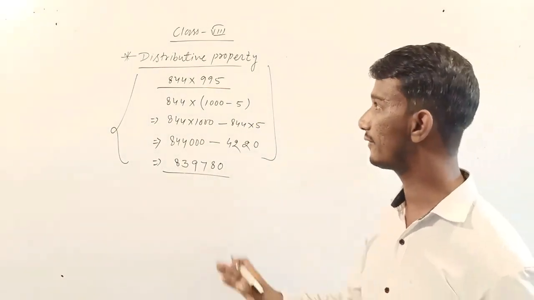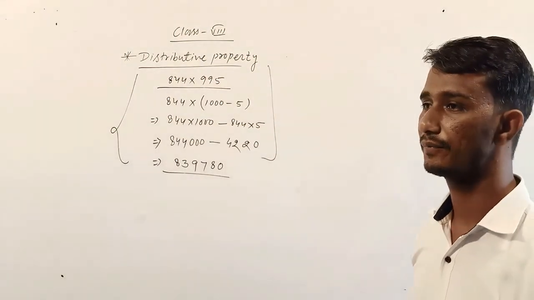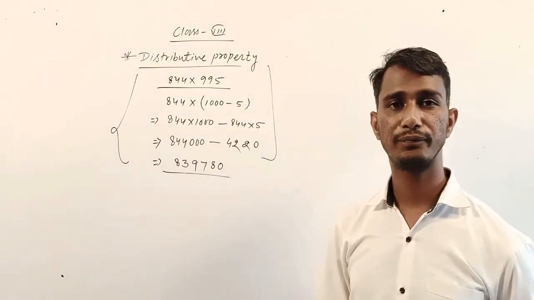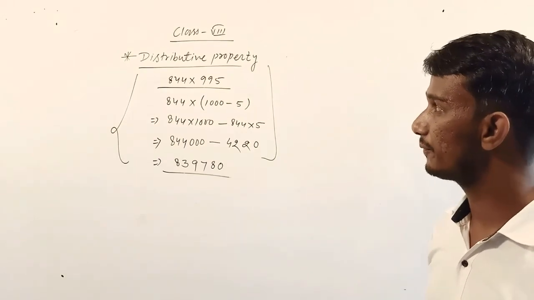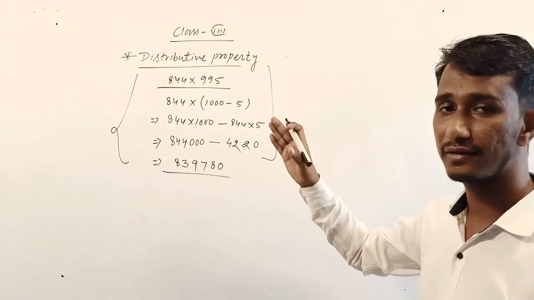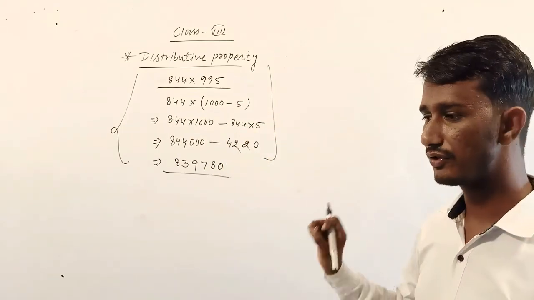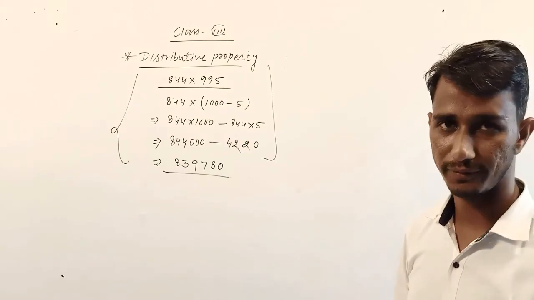So solve it and find out the proper solution using the distributive property and check again. Watch the previous video again also and this video, and by comparing which type of property we can use in the calculation, then we can get an easy solution.